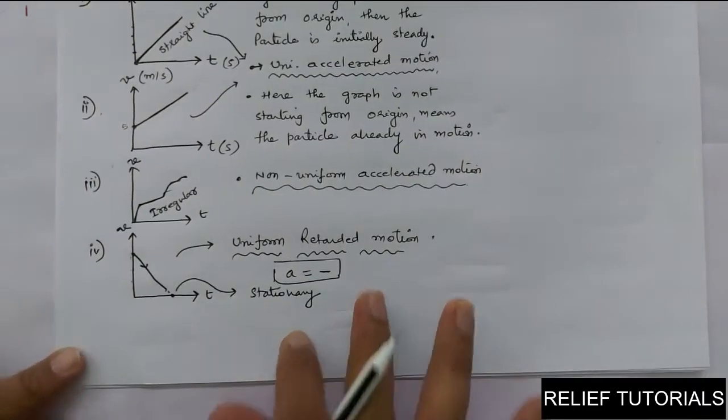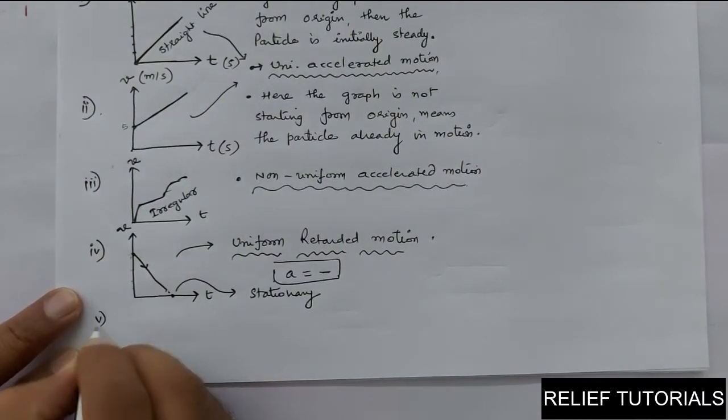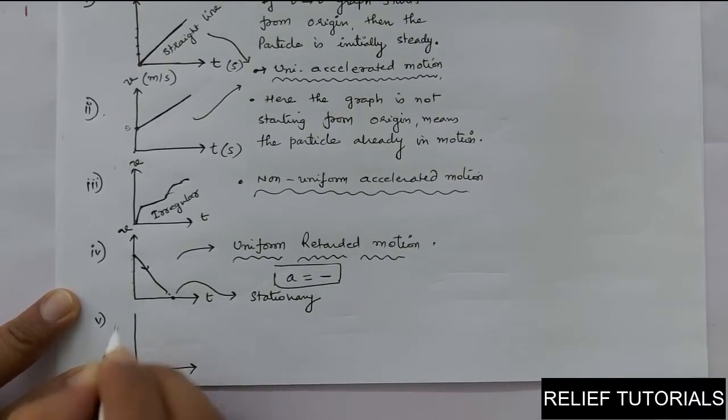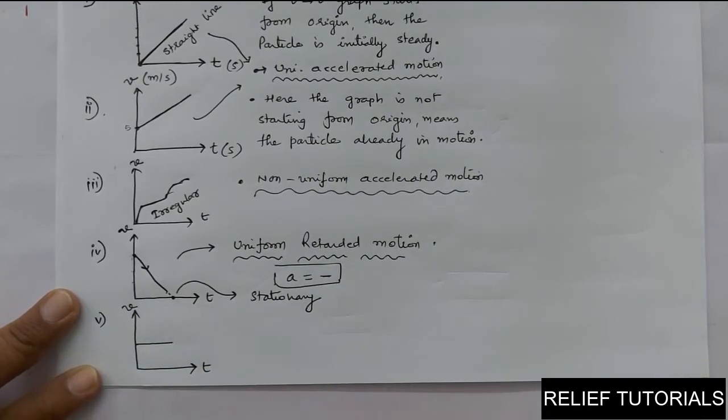Is that clear? Now last time, if I say the graph is like this, look at the graph, it's horizontal. What does it indicate? First of all, what do you mean by this point? This point means the particle is already having some motion. And what does this nature indicate? That as the time goes on, velocity neither increases nor decreases.